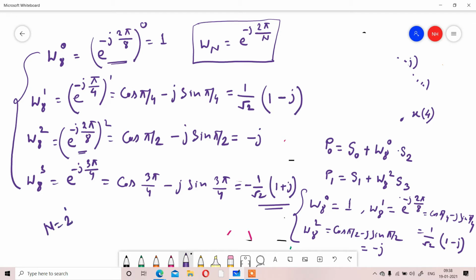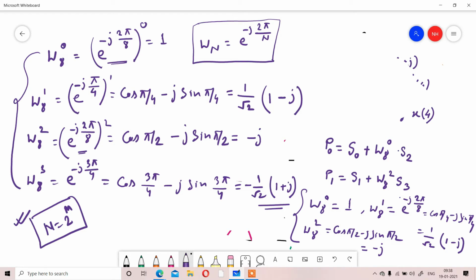That condition should be maintained. If that condition is maintained, then only you can design the butterfly diagram. That means for m equal to 1, n equal to 2, if you have 2 inputs, you can design the butterfly. If you have 4 inputs, you can design the butterfly. Similarly 8, 16, like that.